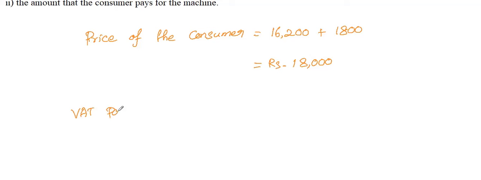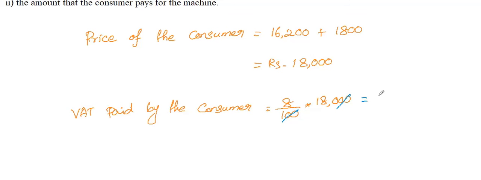So the VAT paid by the consumer is 8% of 18,000. So 8 divided by 100 into 18,000. So we'll get 8 times 180 is 1,440.